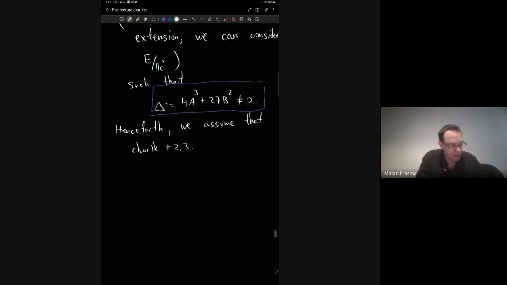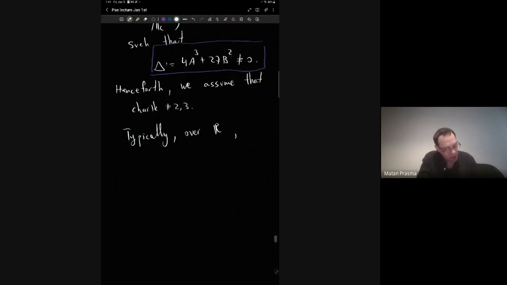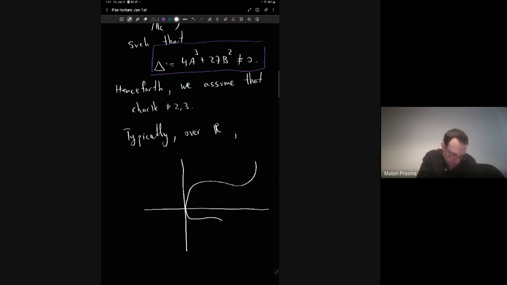But before we go into this condition, let's draw something. Typically, say over R, the elliptic curve will look like this. My drawing skills are limited, but it should be something like this.